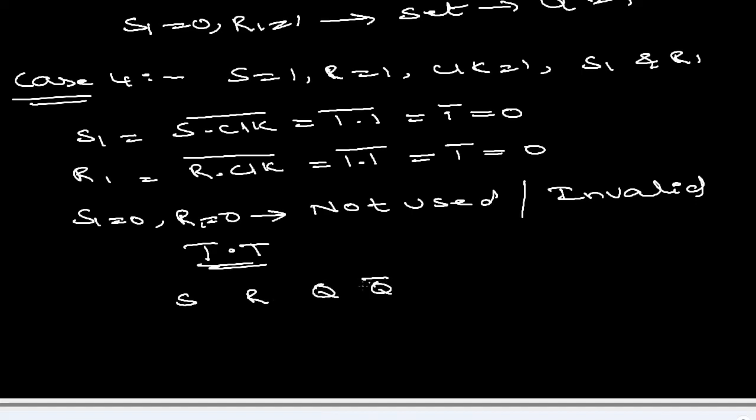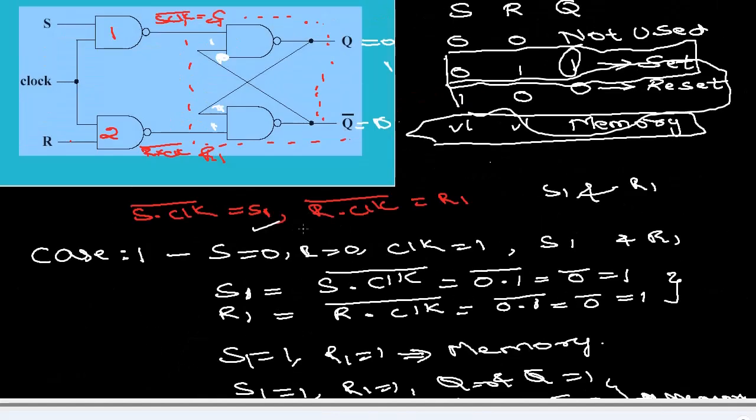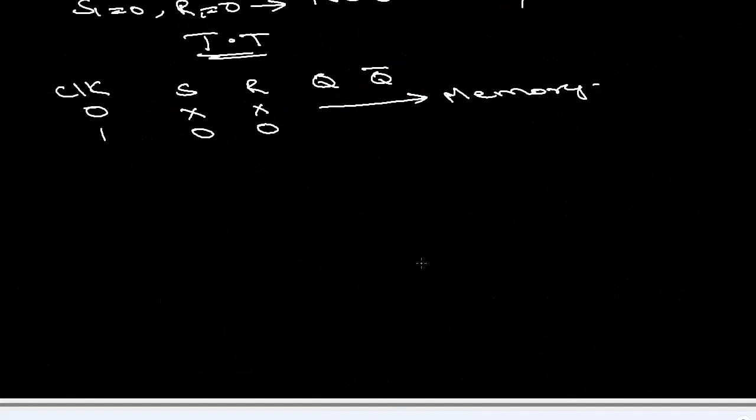When clock is 0, irrespective of S and R values, the condition is called as memory. Whatever the previous value, that will be the output value. When clock turns to 1, when S equal to 0, R equal to 0, see here first condition, that condition is called as memory. So it is memory condition.